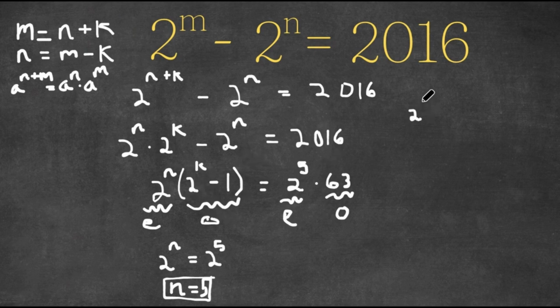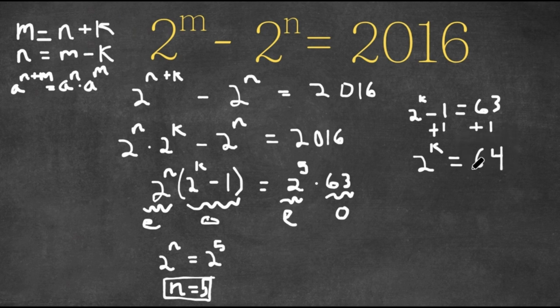So 2 to the power of k minus 1 is equal to 63. If I add 1 on both sides, I get 2 to the power of k equals 63 plus 1, which is 64. And what 2 to the power of what equals 64? 6. So k is equal to 6.